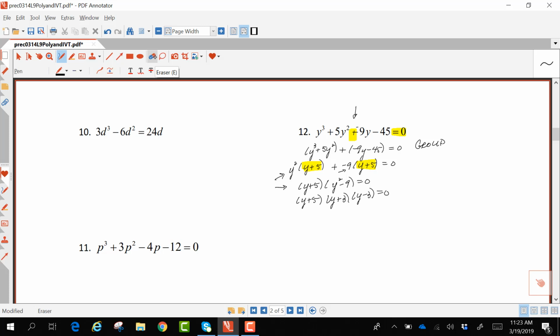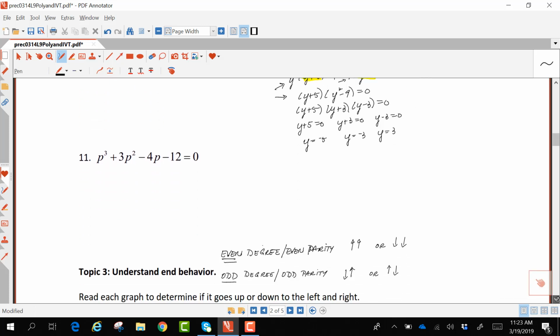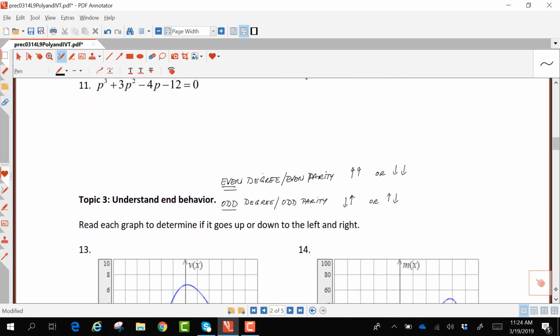Once we have the polynomial fully factored, we set each factor equal to 0. This will result in 3 solutions. As we continue, we will move into these graphs, which will take us into end behavior.